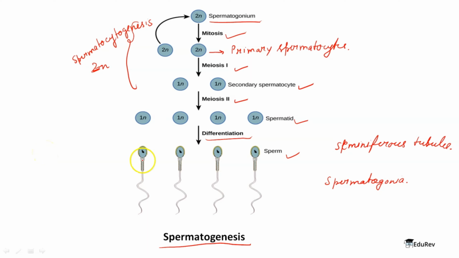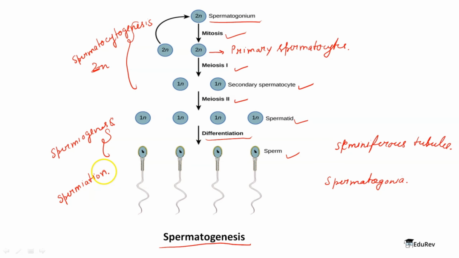After that, when the sperms are being formed here, that process is known as spermiogenesis. What is it called? Spermiogenesis, right? The release of sperms from the testis is known as spermiation. What is it called? Spermiation. So these are the three important processes which you must remember.